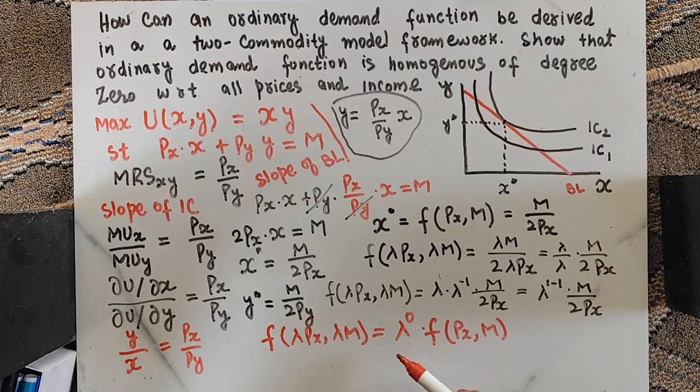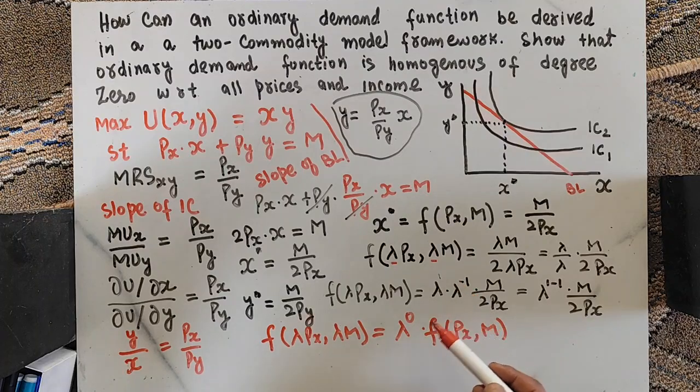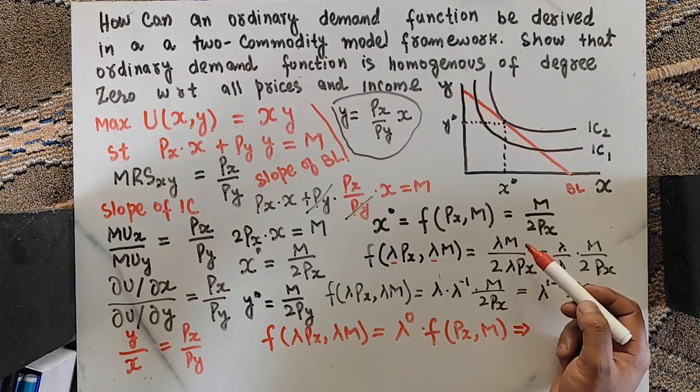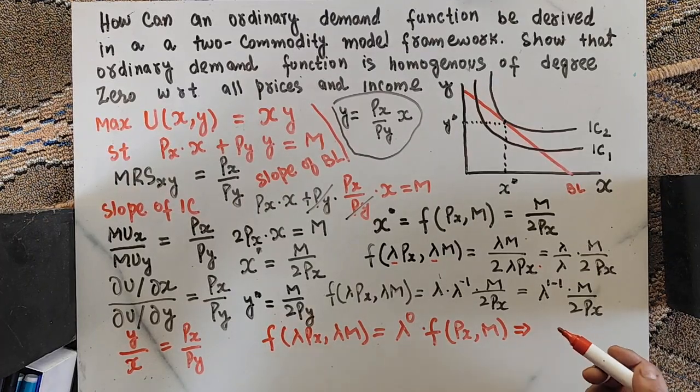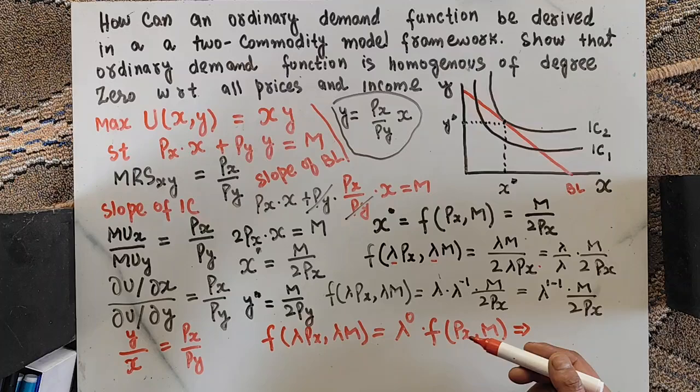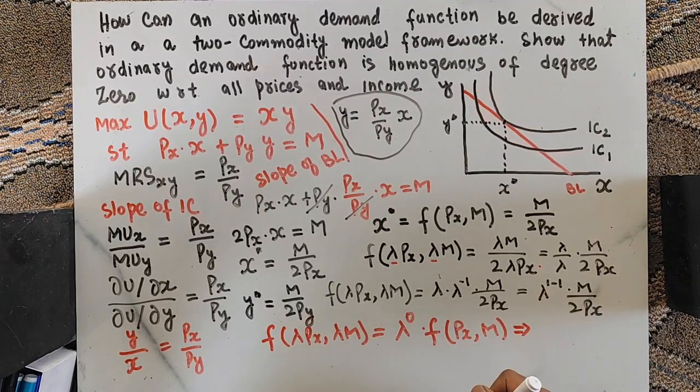Here you can see when we increased both variables by a factor lambda, demand increased by a factor lambda raised to the power 0. So how do we interpret it? It simply tells us that if we increase both income and price by a factor lambda, demand will not increase at all. Homogeneous of degree 0 means doubling the income and prices will not double our demand for good X.